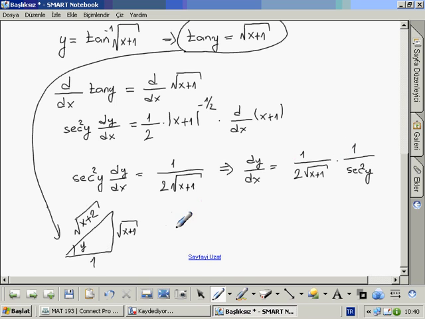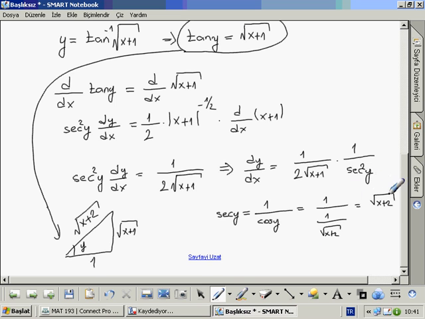What about secant y? It will be the square root of x plus 2, because secant y equals 1 over cosine y, which is 1 over 1 over the square root of x plus 2, so it equals the square root of x plus 2.